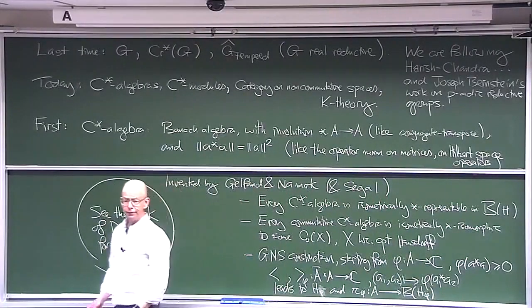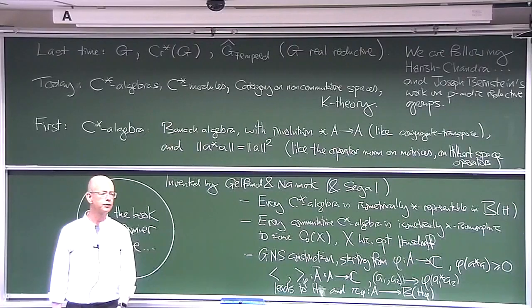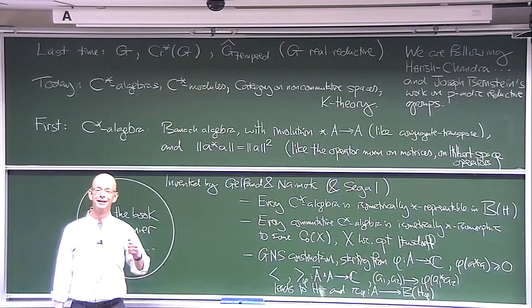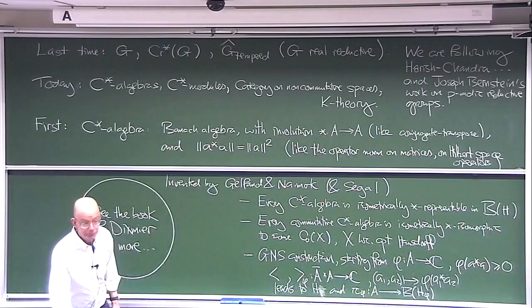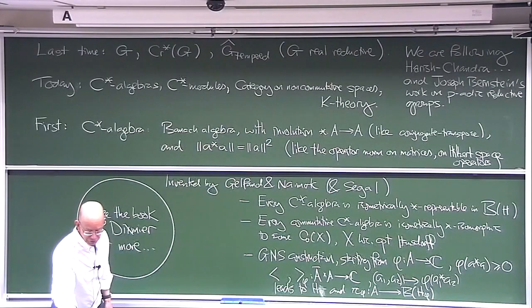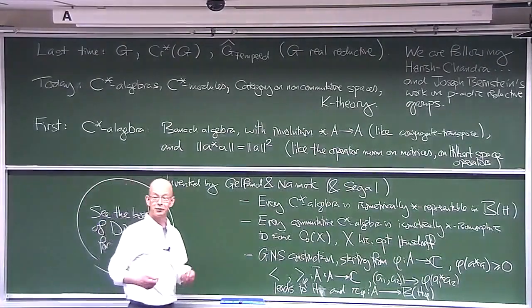So far, so good. Anyone concerned about that? Upset? You have a worry about C-star algebras? You should not have a worry about C-star algebras because C-star algebras are very easy. Alain Connes is fond of saying that people are stupid. They don't understand how easy C-star algebras are. So I'm telling you, C-star algebra is very, very easy.